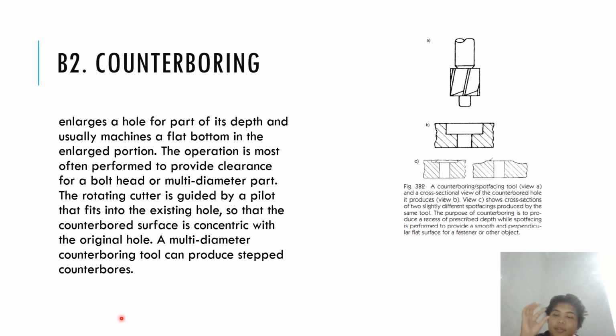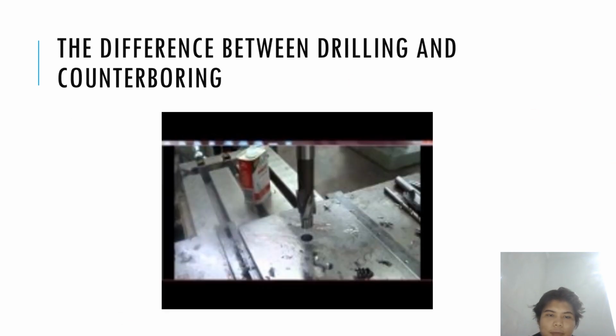If you put a screw, counterboring is used to make sure it has space, like if you see the nails, they have the heads like this. So counterboring is used for the butt of the nails, so it can be fitted into the workpiece. This is the difference between them.